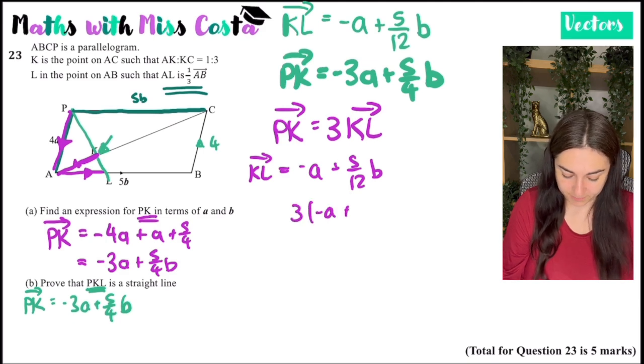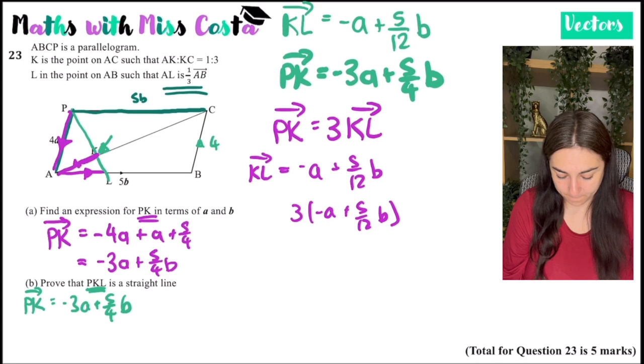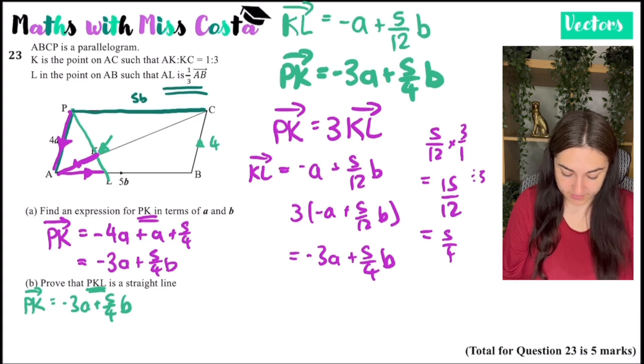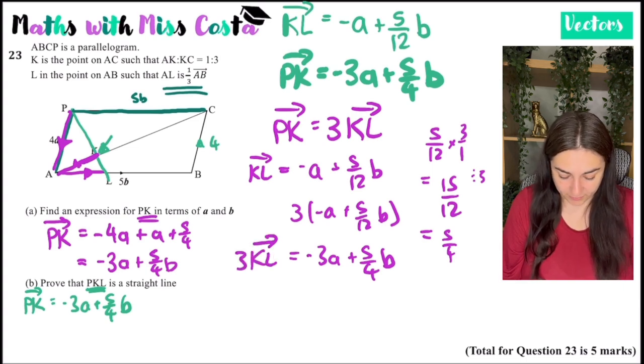If you multiplied it by 3, that would become minus 3a, and 5/12 times 3 gives you 15/12, which if you simplified it, divided by 3, is 5/4. Okay, so KL times 3 would give you this.